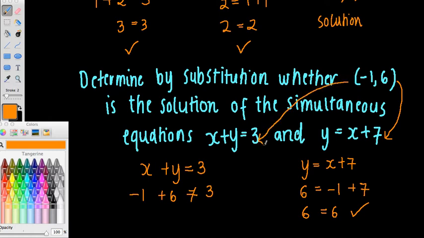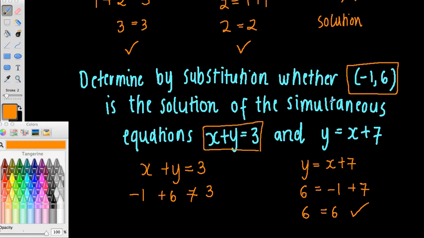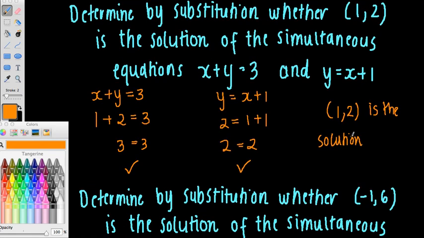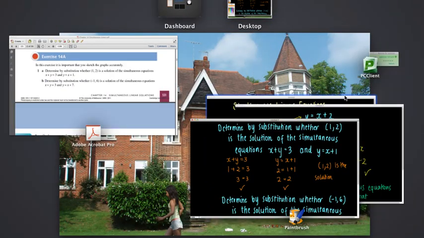What this means is these two lines must not meet at that point. It's impossible for them to meet there because this line doesn't even pass through that point. So again, it must satisfy both of them. If it's not satisfying one of the equations, then it is not the solution. It is not the point of intersection, which is what I mentioned earlier.